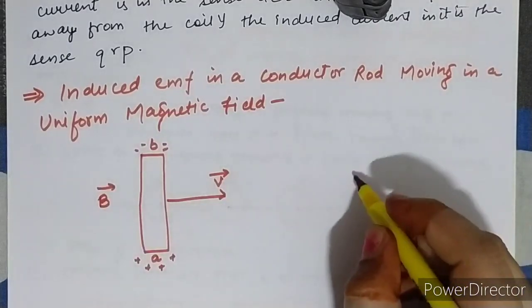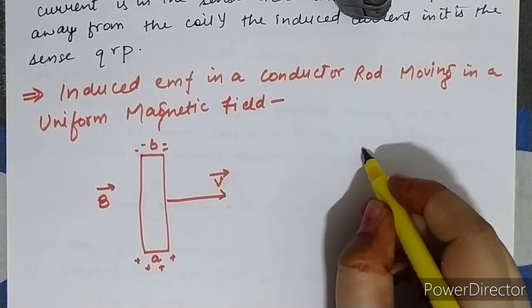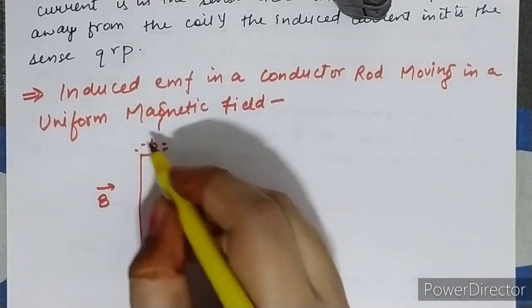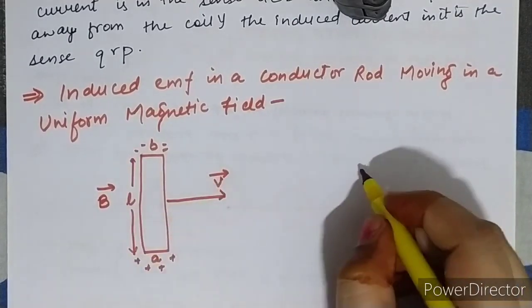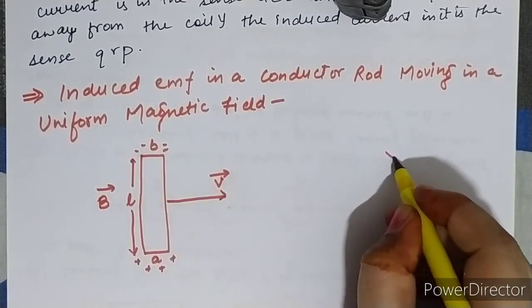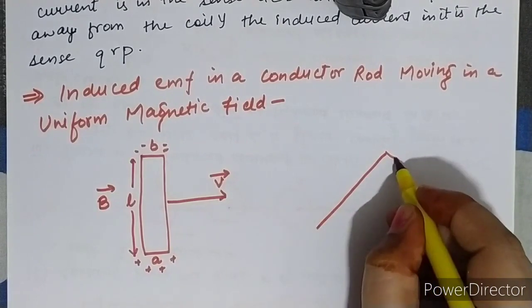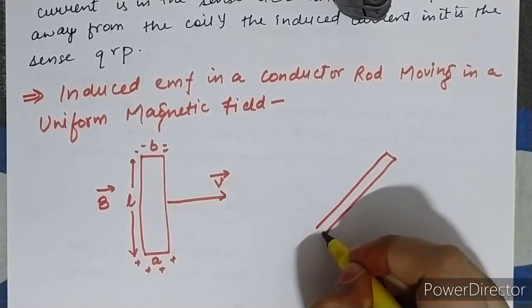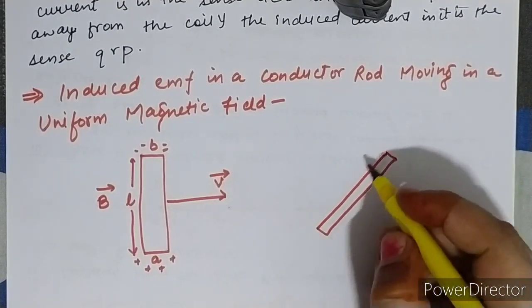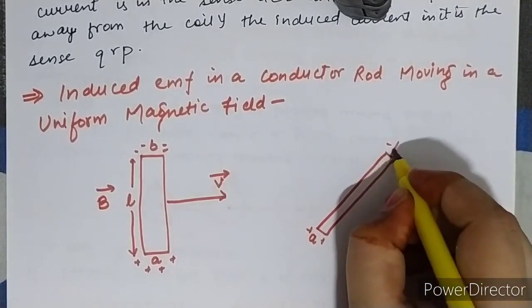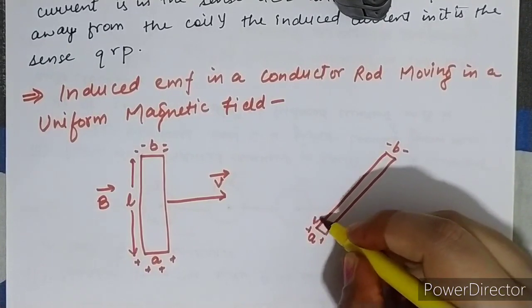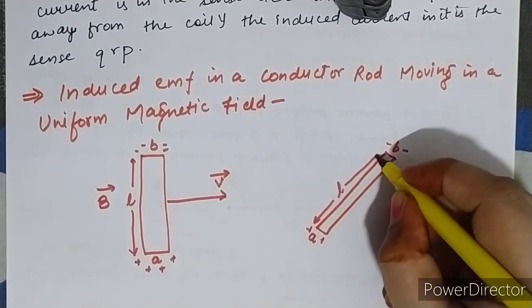I am just making it in a way that you can easily understand. One more thing, its length is L. So I am just keeping it slightly tilted in a particular direction, so that here the positive charges and here the negative charges, and the length of the rod is L.